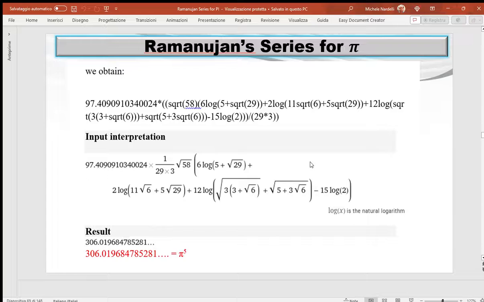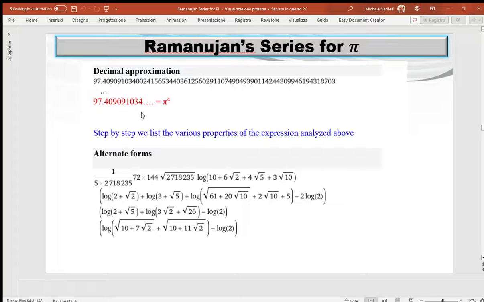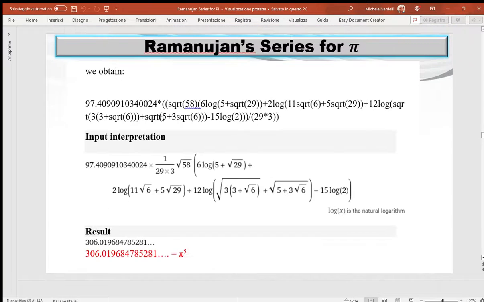Now multiplying the previous result, practically this result that is equal to pi raised to the fourth power, by the following expression, practically from the last expression, that is equal to pi, we obtain the following result, practically pi raised to the fifth power.